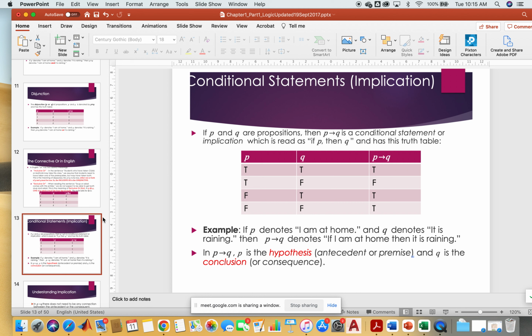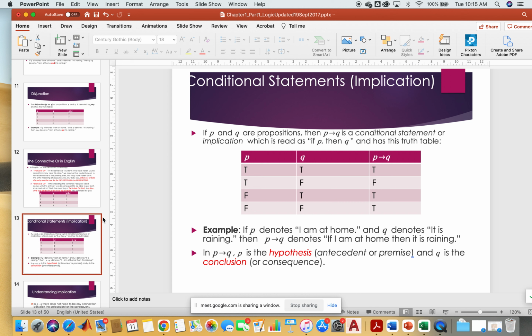The formula is 2 to the power of n, where n is the number of variables. Clear? So it's 2 to the power of n.